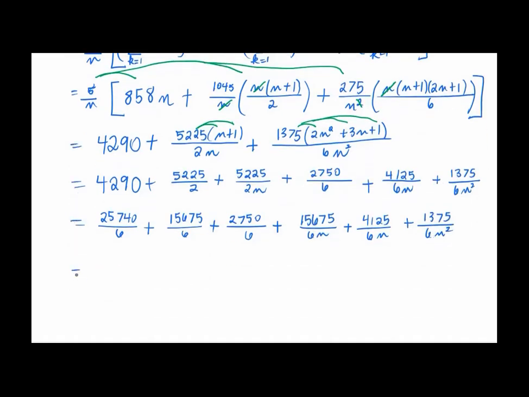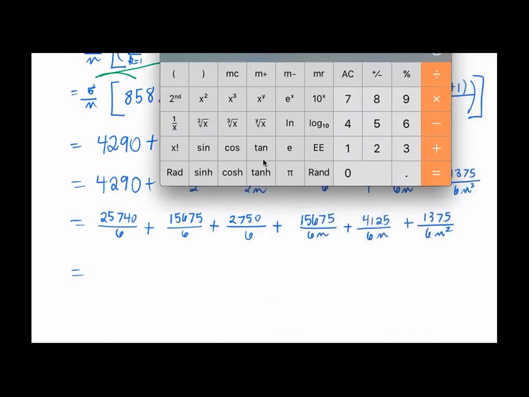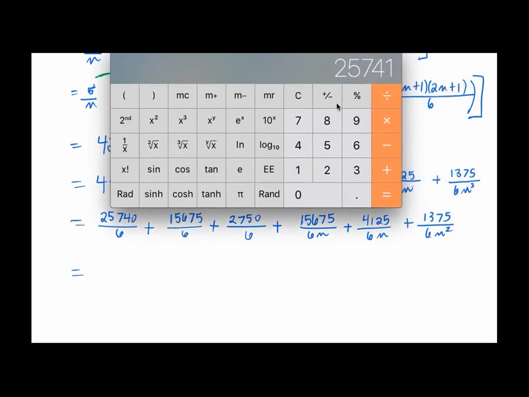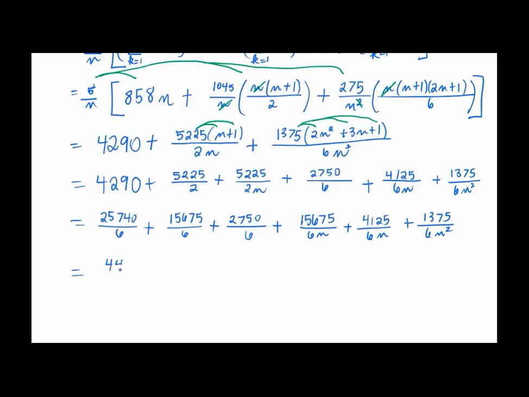Whew, so now when we combine all of these, my first three terms are 25,740 plus this one is 15,675 plus 2750 is 44,165 over 6.